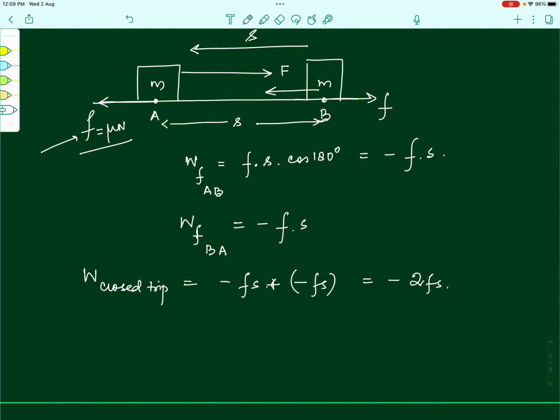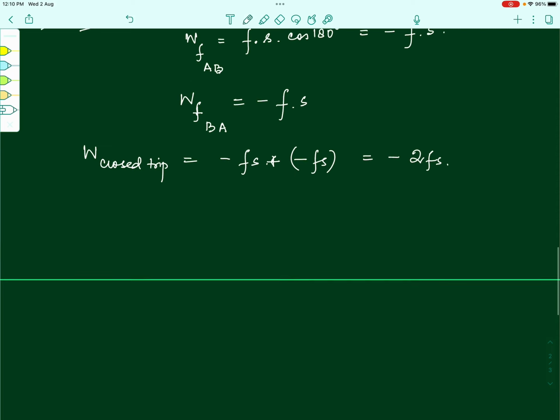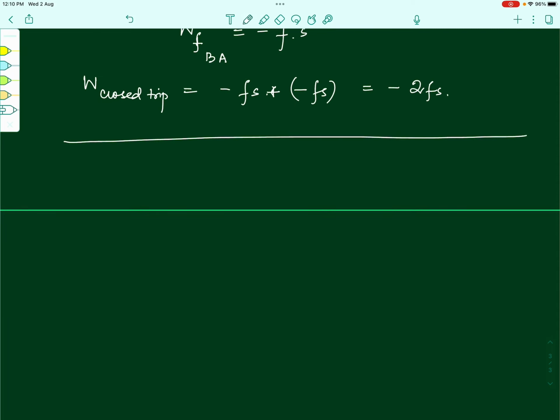Now that we have understood that gravitational force and spring force are two conservative forces, and frictional force, and all the other forces which are dissipative in nature, for example air drag, air friction, viscous force due to a liquid, all such forces, because they are resistive in nature, they are drag forces, they will all be dissipative forces, and they will not be able to keep the energy of a system conserved, due to which they are non-conservative. Now, when we go back to potential energy, there is an important statement that we make here.